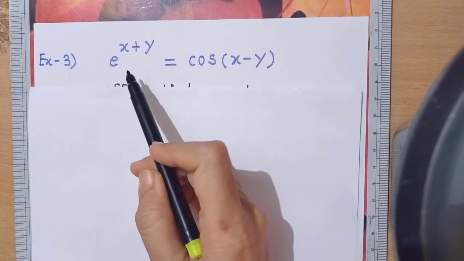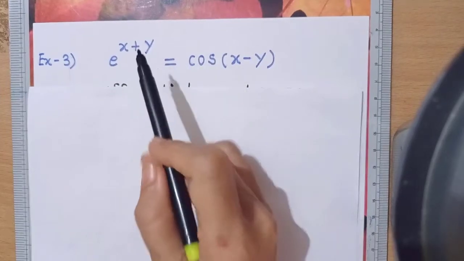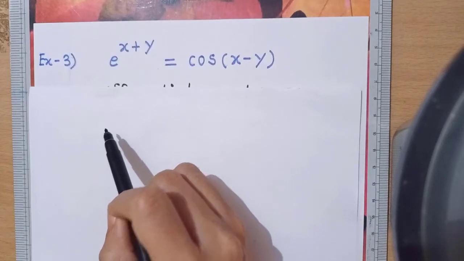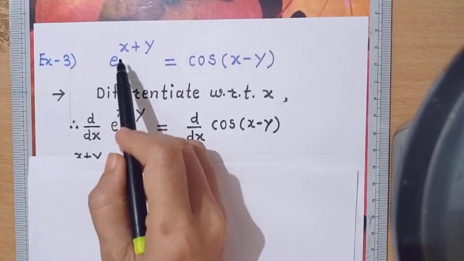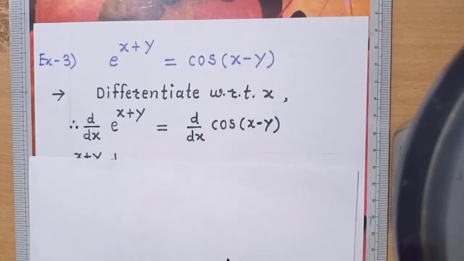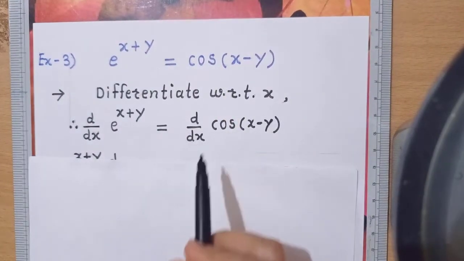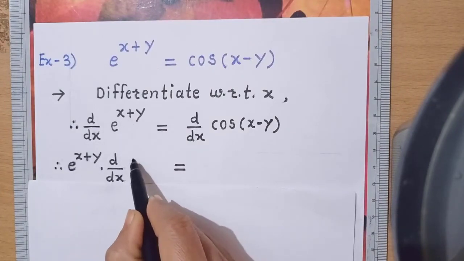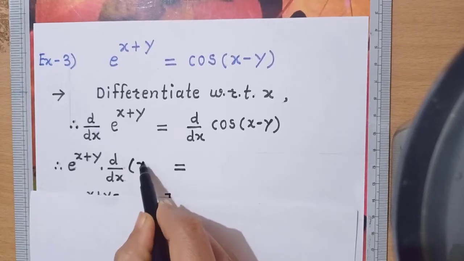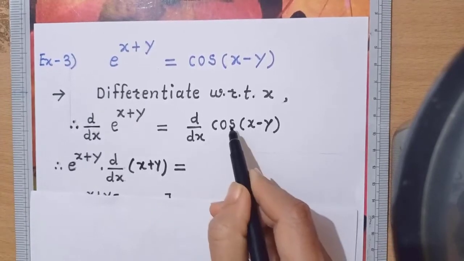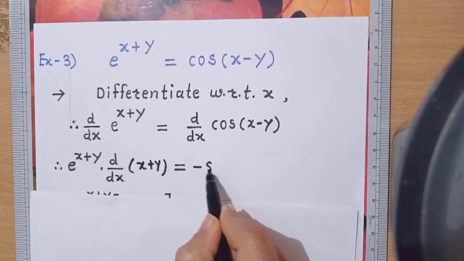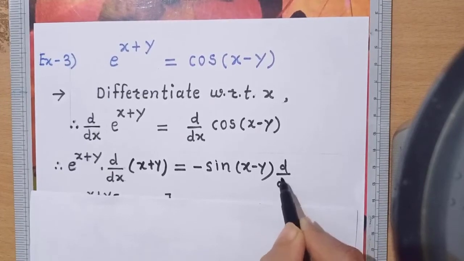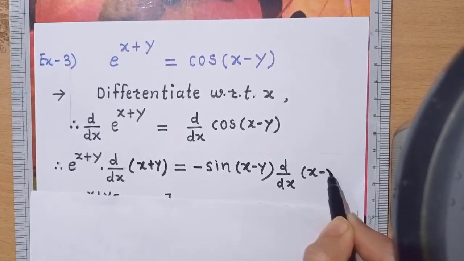Let's solve the third example, and in this equation we can observe these two variables. So differentiate directly, so derivative of left hand side equal to derivative of right hand side. Now these are composite functions, so its derivative is e raised to x plus y, and again multiply d by dx of x plus y, and here derivative of cos is minus sine, and again d by dx of x minus y.